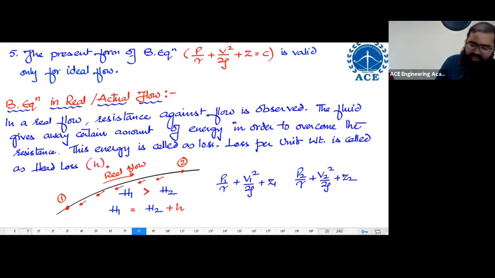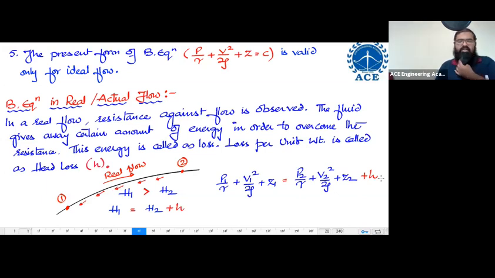These two are initially not equal, but if I add head loss over here, then they are going to become equal. This is the Bernoulli equation in the case of real or actual flow. I hope this is clear to all of you. Since your energy is decreasing, you're supposed to add over here so that it becomes equal. This is the concept of losses.